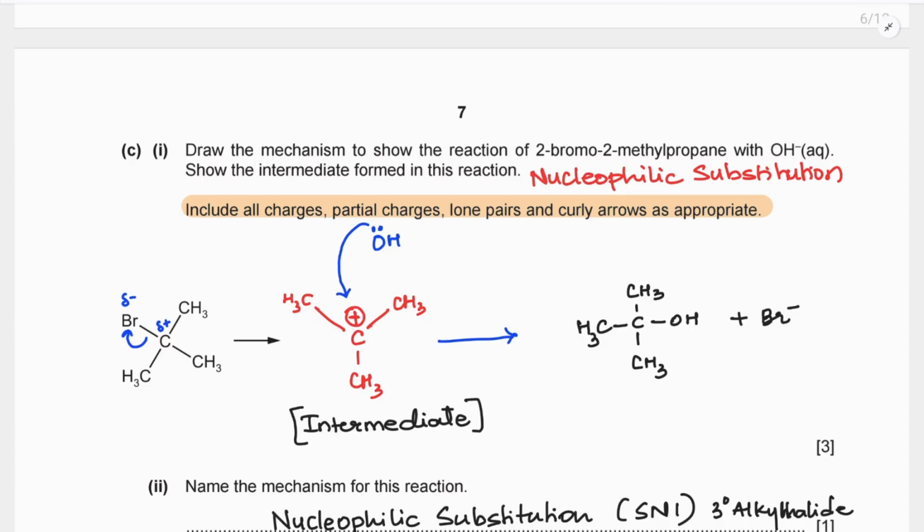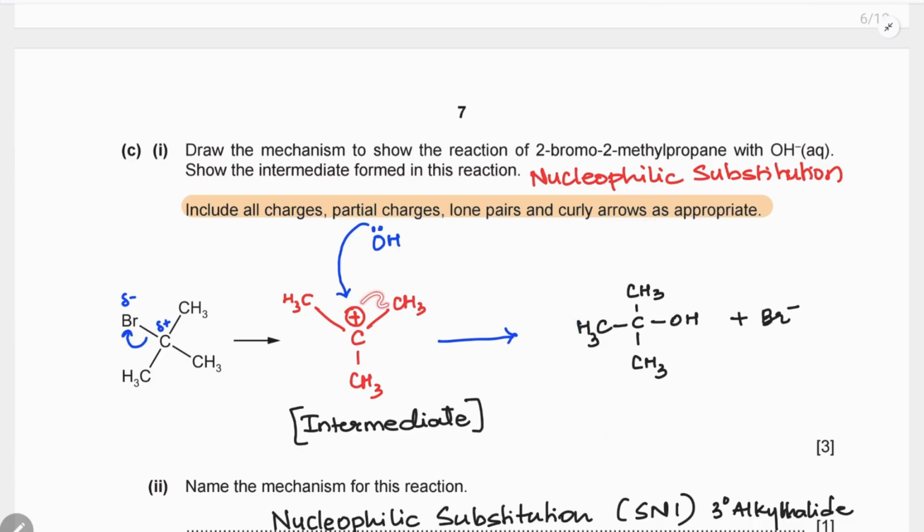Okay, so for creating a carbocation, we know that bromine, which is Br, is more electronegative, so it will have a partial negative charge. Okay, it will take the electrons, and this carbon will have a partial positive charge. So we get a carbocation intermediate, and over here there will be an attack of the nucleophile. Make sure that the arrows they are showing you are curly arrows.